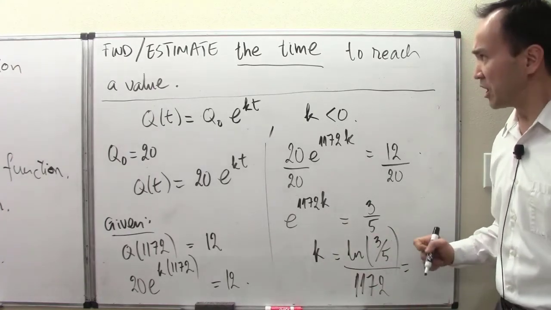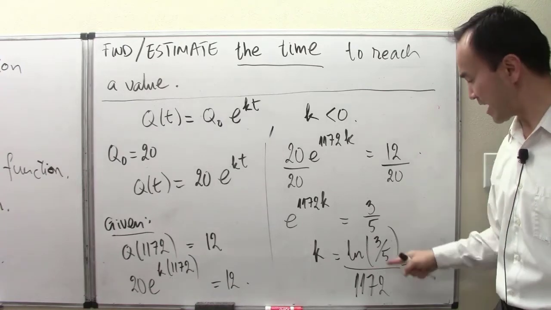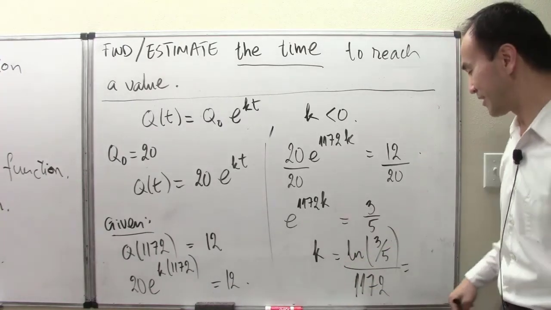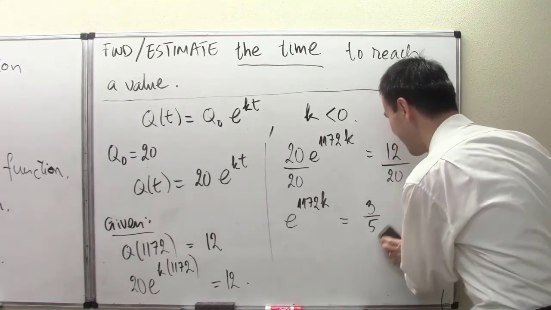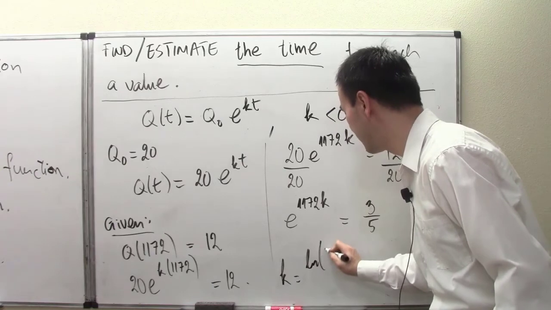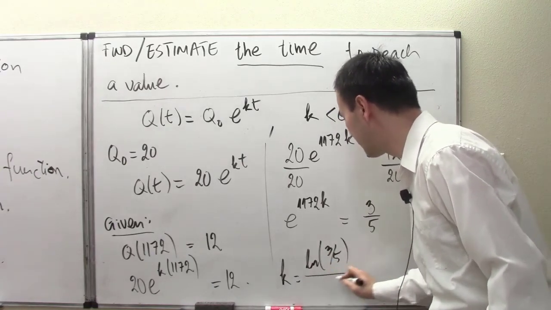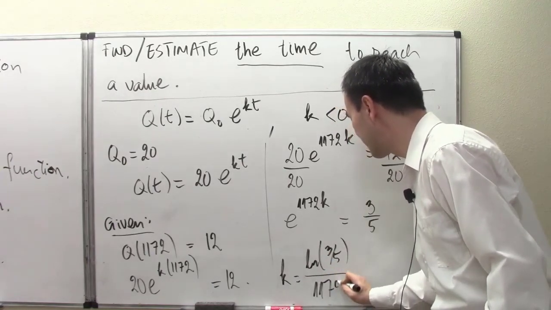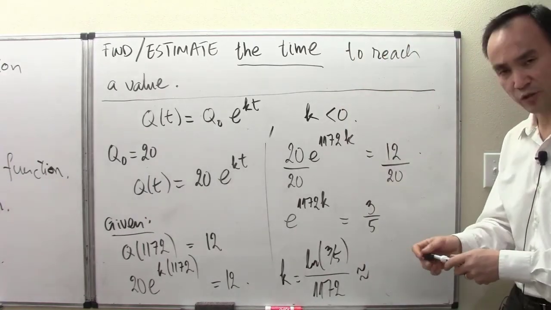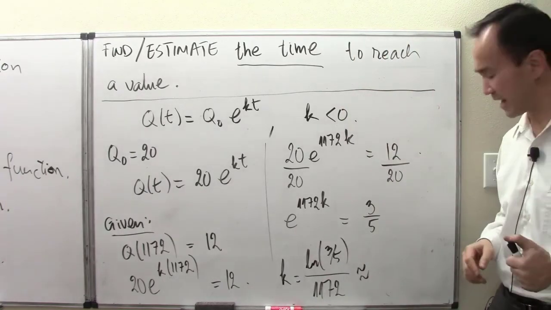Since it's a decay process, I am expecting that my final answer is going to be a negative value. I'm just getting that ready for my actual k value after I've got it from the calculator.